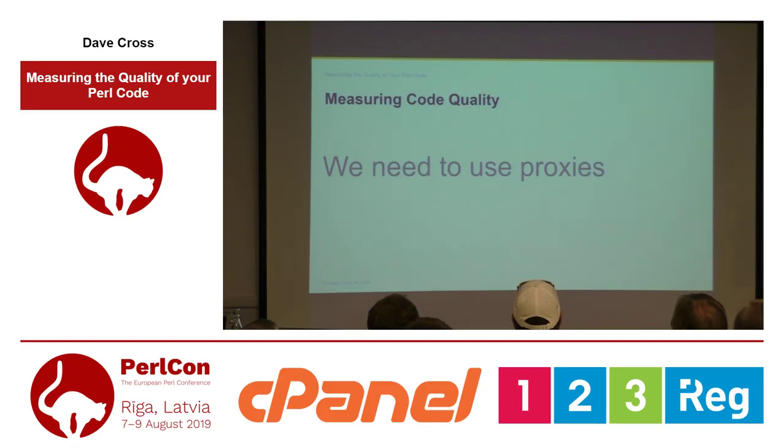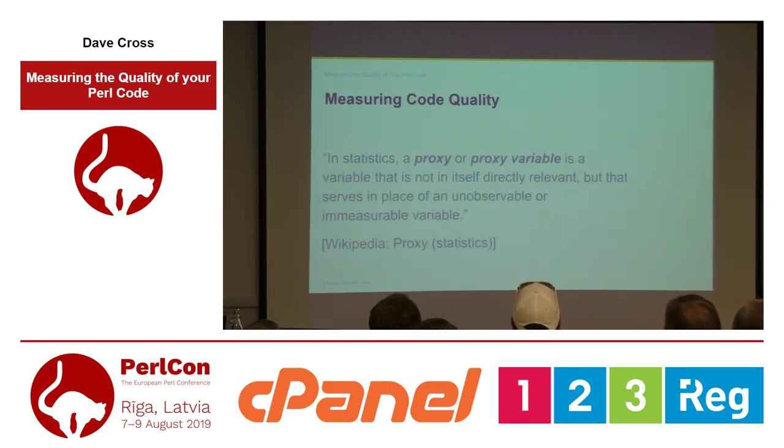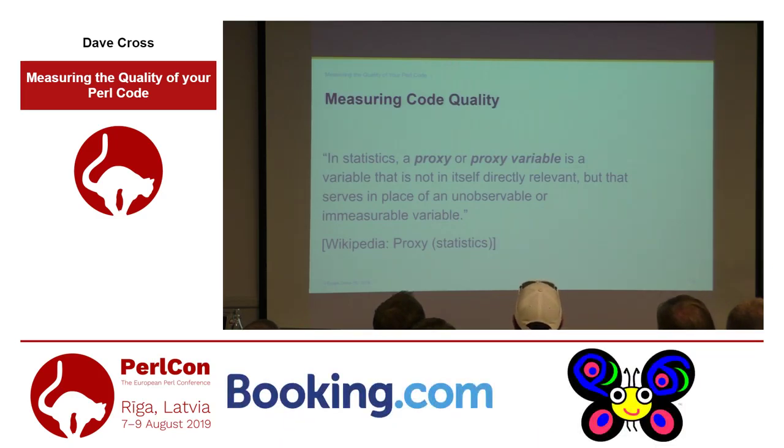No. What we need is we need to use proxies. What are proxies, Dave? I hear you say. Well, I'm glad you asked, because I'm going to tell you. I asked Wikipedia, source of all wisdom. In statistics, a proxy is a variable that is not in itself directly relevant, but that serves in place of an unobservable or unmeasurable variable.